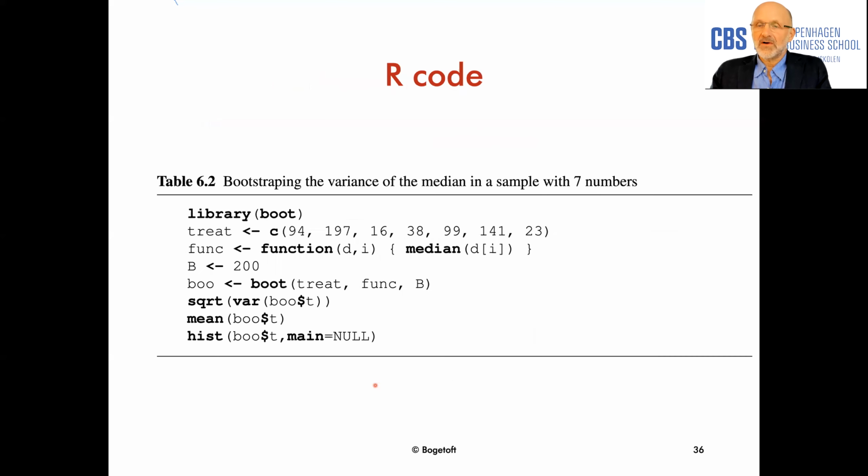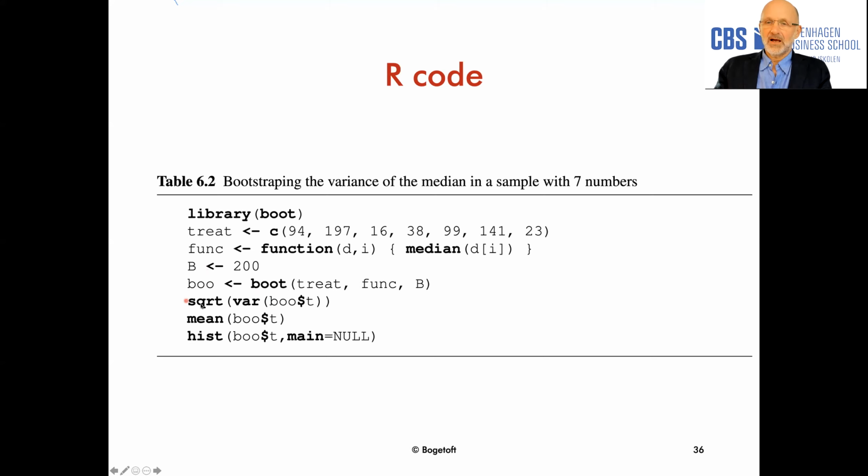If you want to try that, it's really, really easy. You call the bootstrap library in R, you put in your observations, and then you define the function, which is that once you take out a subsample, you calculate the median value of that subsample. Then you repeat the bootstrap 200 times: you pick a bootstrap sample, and you calculate the value of this function.